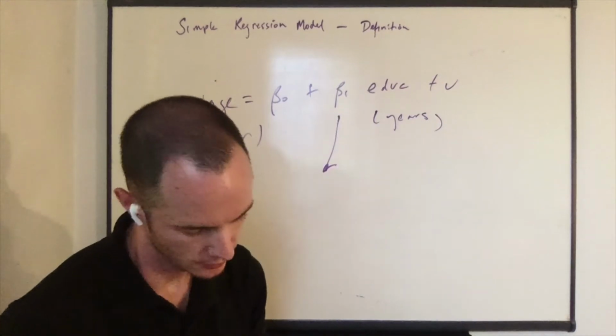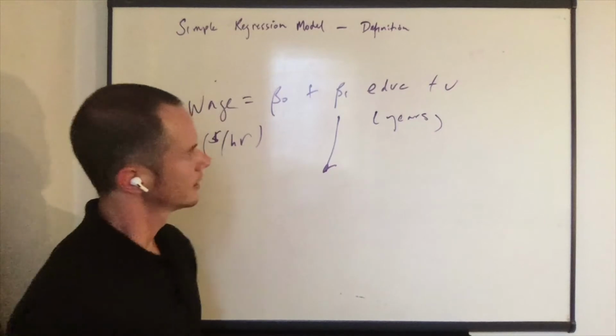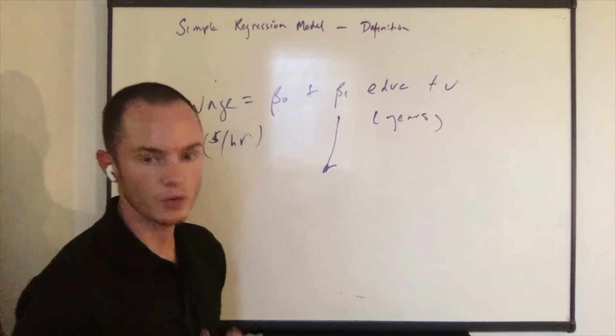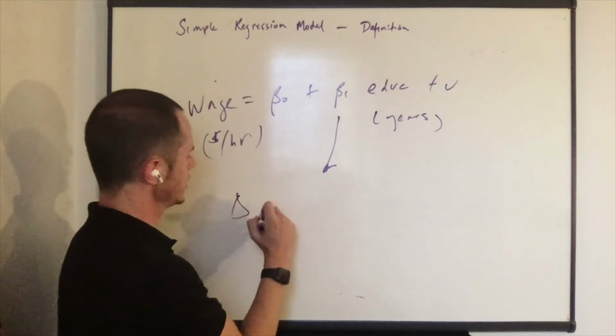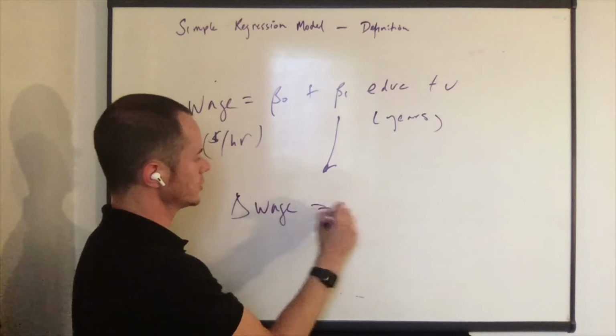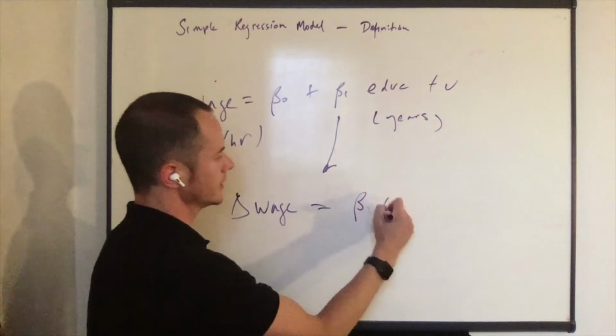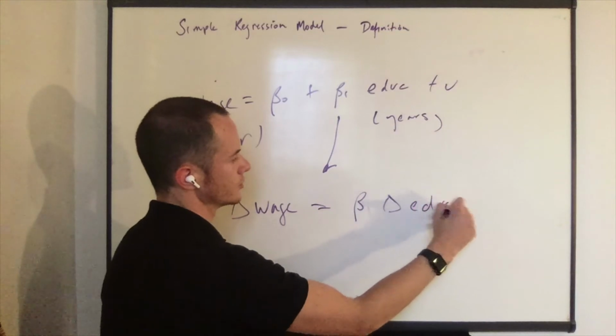How would we interpret beta 1? Well, let's look at the analog to equation 2. Change in wage is equal to beta 1 times change in education.